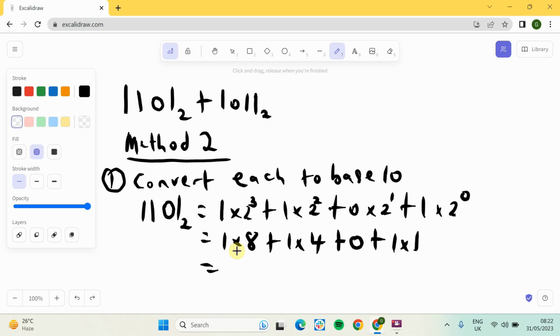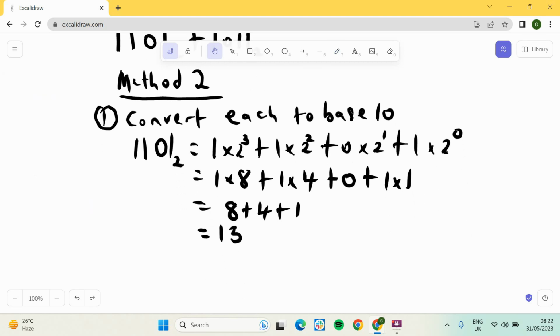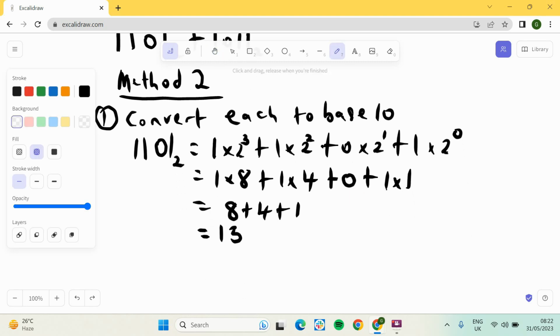So 1 times 8 is 8, plus 1 times 4 is 4, plus 0, plus 1 times 1 is 1. And this is going to give you 13, right? Because 8 plus 4 plus 1 is equal to 13. So if you got that correctly, you can clap for yourself. So that is the first value.